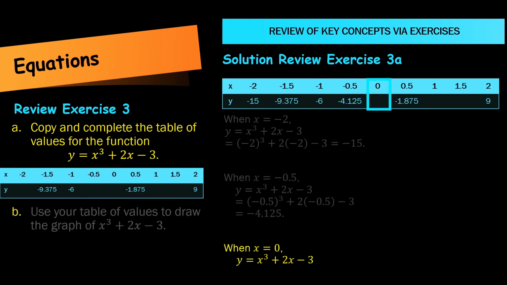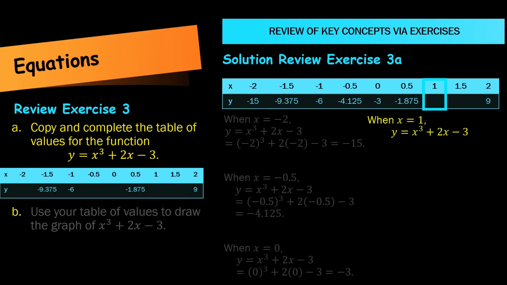Similarly, for x equals 0, to give y equals minus 3. And for x equals 1, we plug in x equals 1 into our equation to give y equals 0.